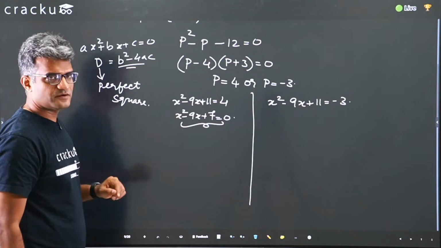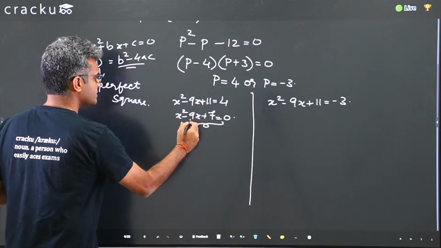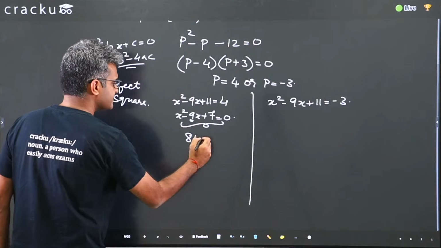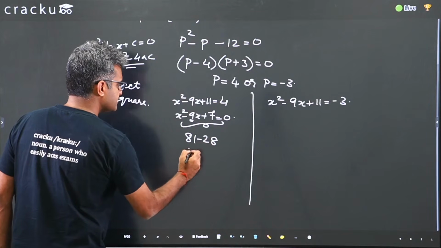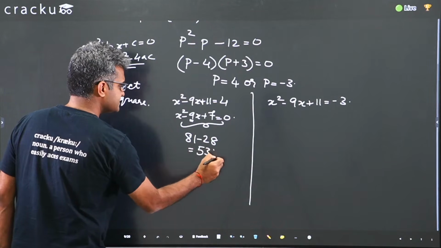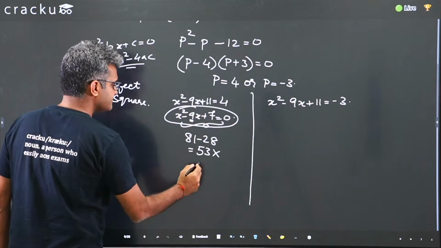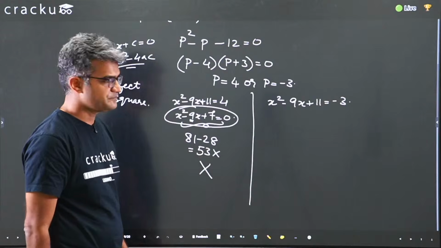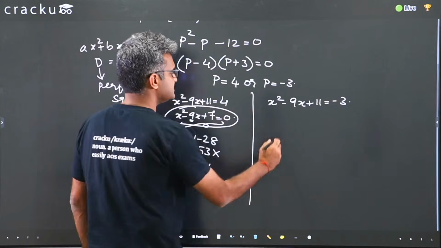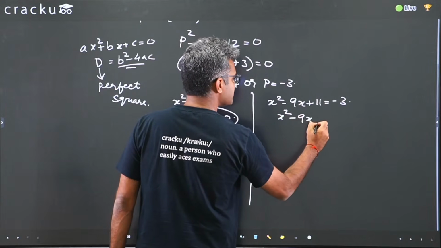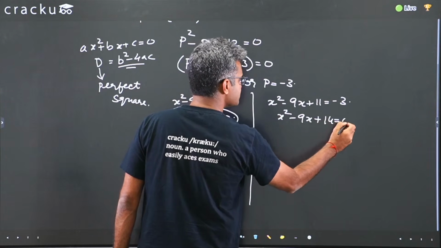What is the discriminant of this given equation? It is b², that is 81, minus 4 times 7, which is 28. This is 53. This is not a perfect square. So the two roots of this given quadratic equation will not be rational. What about this one? This is x² − 9x + 14 = 0.